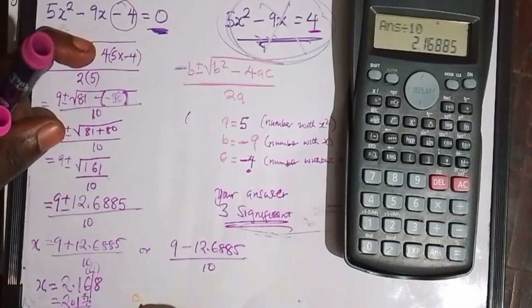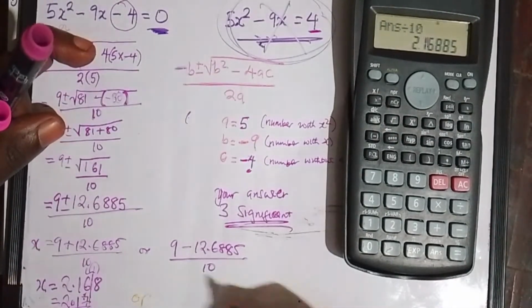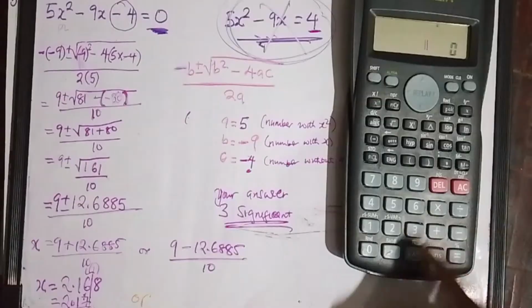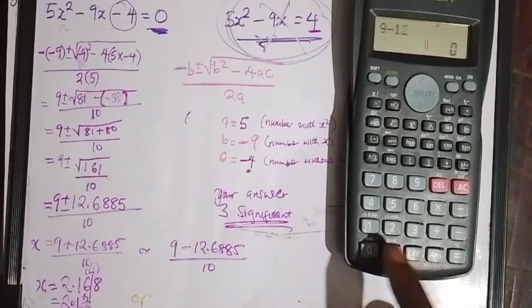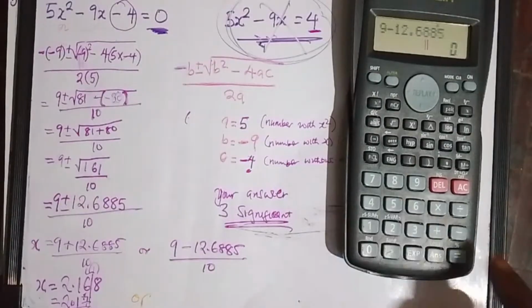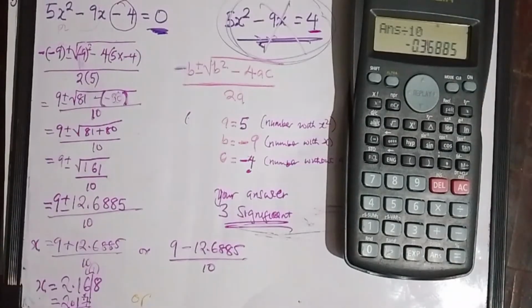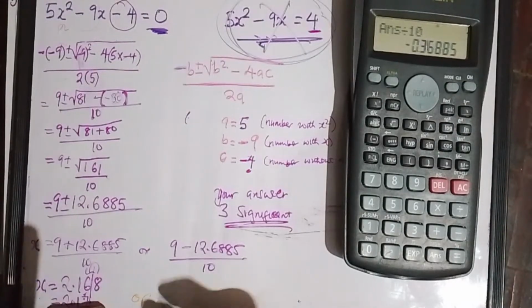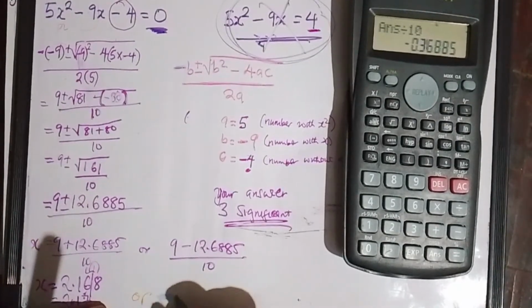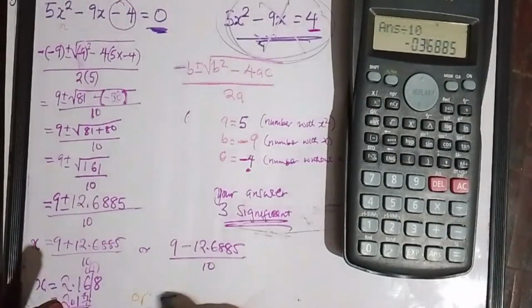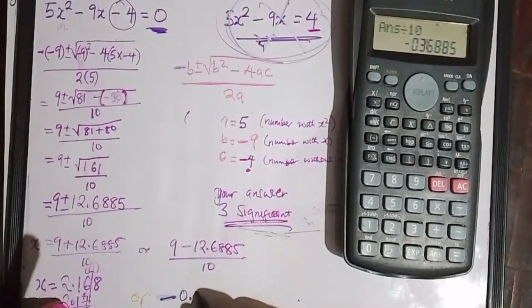Then again you go to your calculator and you say 9 minus 12.6885 is equals to divided by 10. You have negative 0.368.